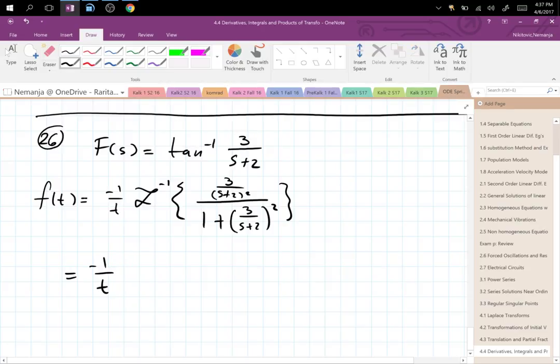1 over t, inverse Laplace of, and now these denominators will cancel completely, right? If I multiply, well, let me write it. So s plus 2 squared, and then times s plus 2 squared. When you multiply with this, you get just a 3 on top. Over here you're getting s plus 2 squared, and then over here plus 9.